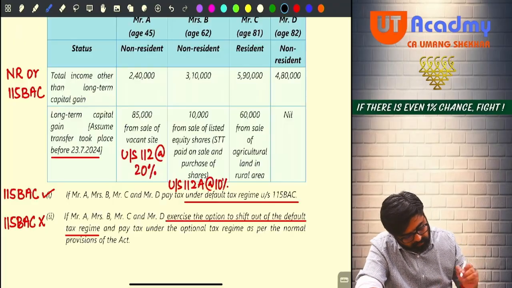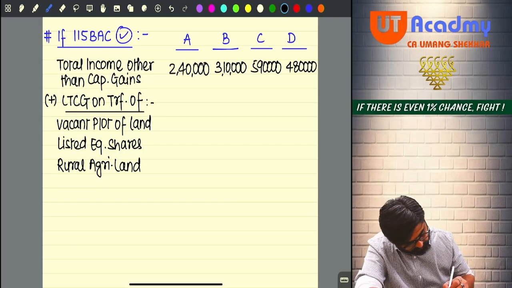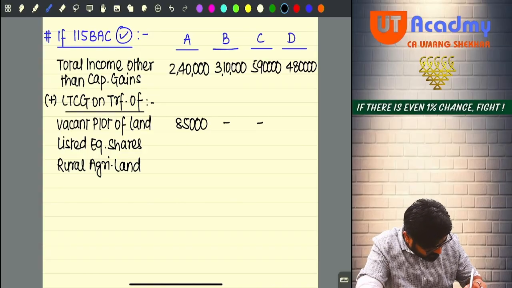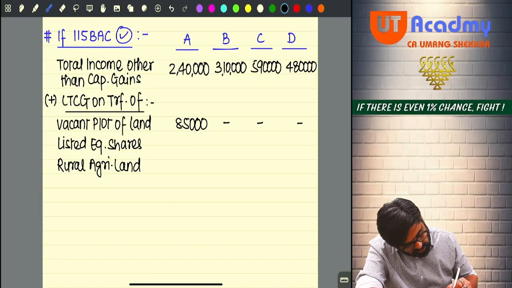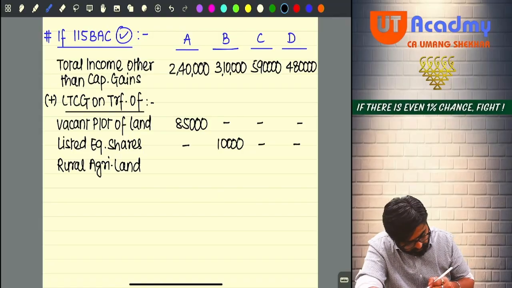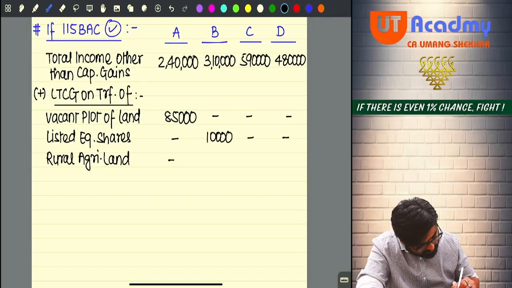Now vacant plot of land 85,000. I will write down 85,000 over here. Dash, dash, dash. Listed equity shares 10,000 I will write in the second column. Dash and dash. Rural agricultural land, dash, dash.